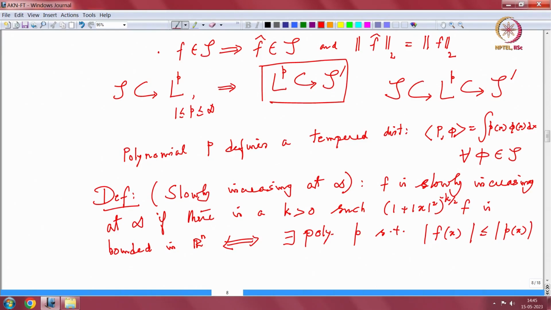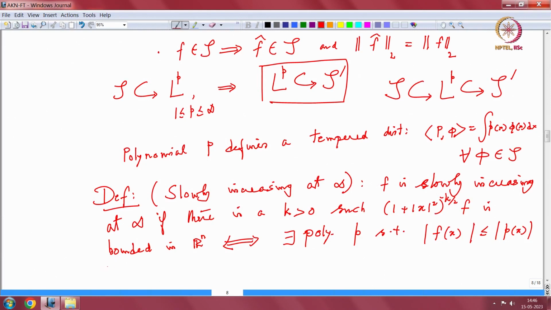Exponential growth is generally different: it goes to infinity faster, like e to the power x. Polynomial is always something like a normal growth.